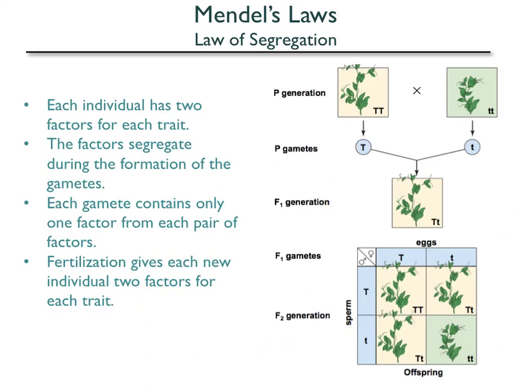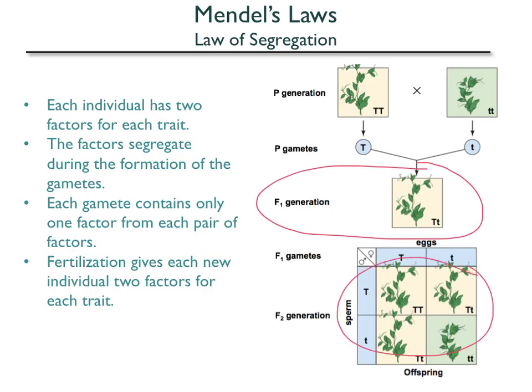So what Mendel was able to deduce from all these crosses, the fact that he always saw tall plants in the F1 generation and he always saw this 3-to-1 ratio in the F2 generation, was that each individual has 2 factors for each trait. We know this is true now because of what we know about chromosomes and meiosis: each individual has 2 chromosomes, and on those chromosomes are those 2 genes, what Mendel called factors.